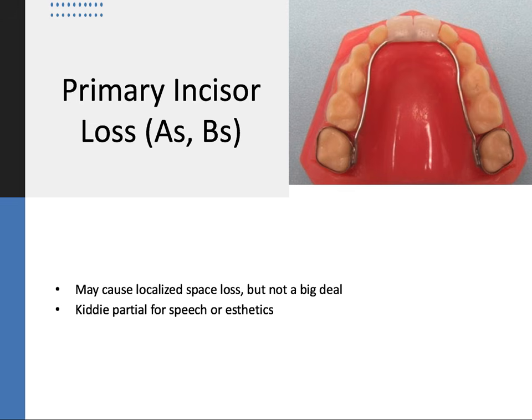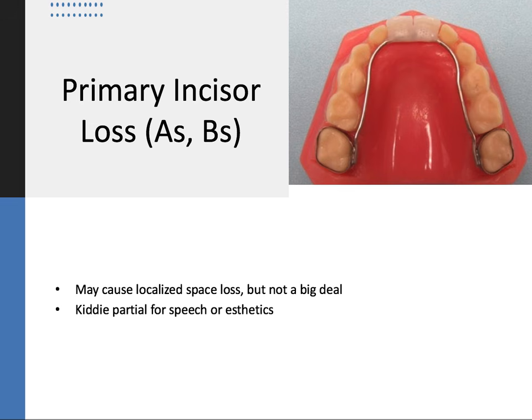So if the primary incisors are lost, the A's or the B's, what can we do? Well, this is not very common that you lose these teeth prematurely because, well, these are the first teeth to fall out of the mouth anyway. But if they did, they could cause localized space loss. Again, not too big a deal in the case of A's and B's.